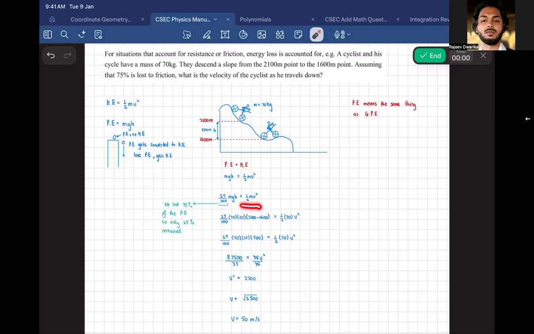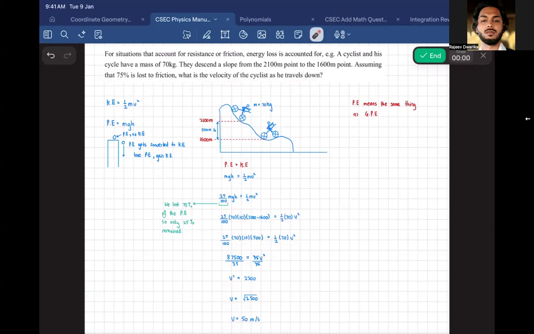That's the formula for kinetic energy. So I plug in all my values. The only thing I'm missing is v, so I make v the subject. I end up with v squared. The opposite of squared is square root, so I square root and I end up with 50. So the velocity is 50. That's what they wanted us to figure out: what is the velocity of the cyclist as he travels down?